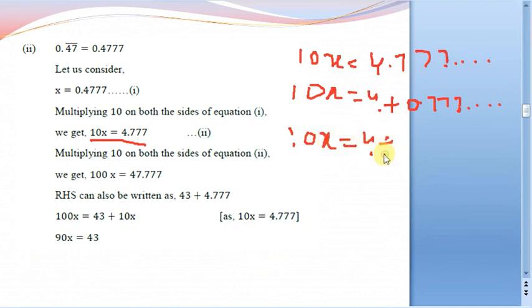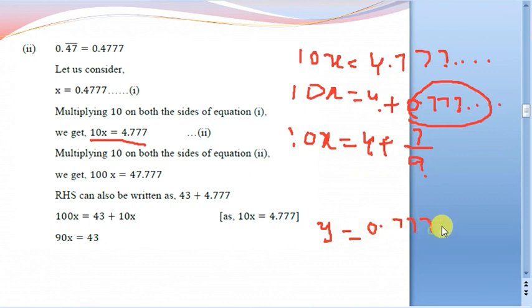I told you how we can write this 0.777 as 7 by 9, or otherwise we can do it separately also. Assume it as some y, so y is equal to 0.7 bar, or 0.7777 like this.